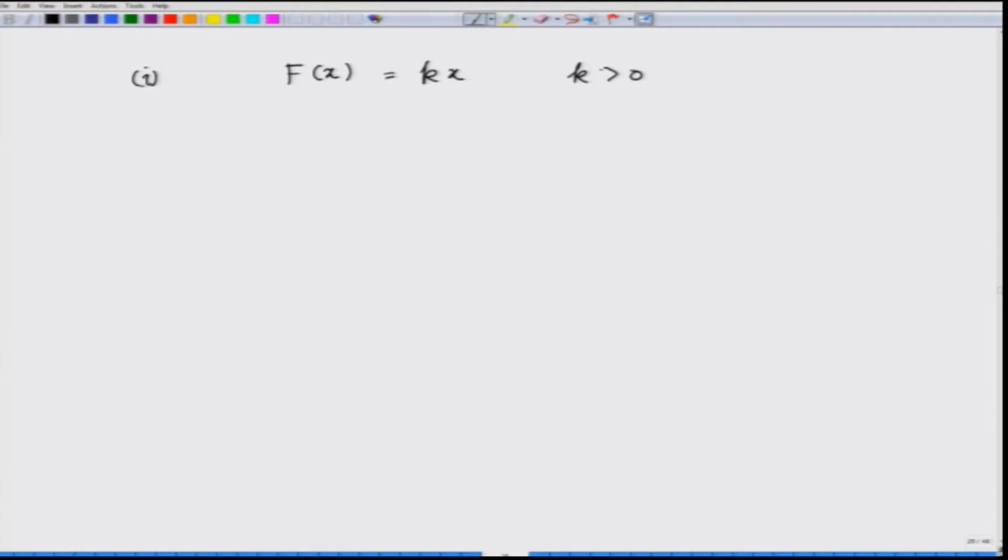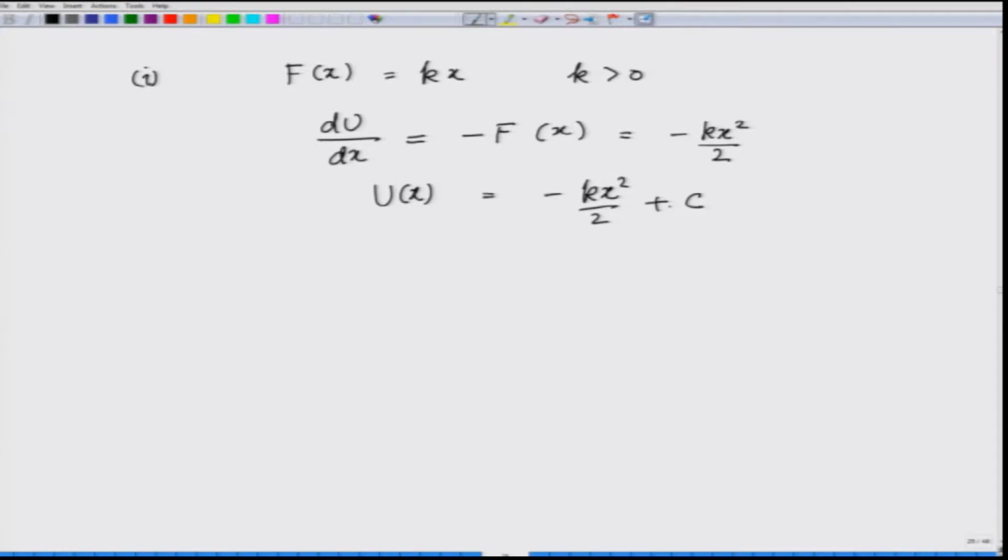So, let us pick up from here and look at case number 1 where Fx is Kx, K greater than 0. Now, from the definition of the potential energy, the derivative of the potential energy is minus Fx, and in this case this is going to be minus Kx, and therefore Ux is going to be minus Kx square by 2 plus some constant c.